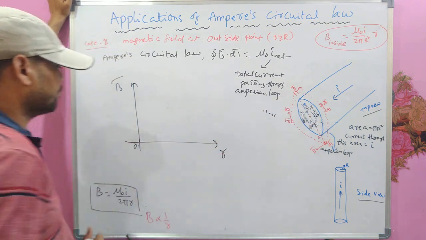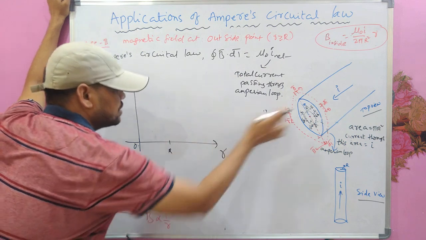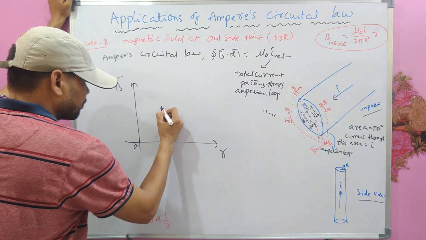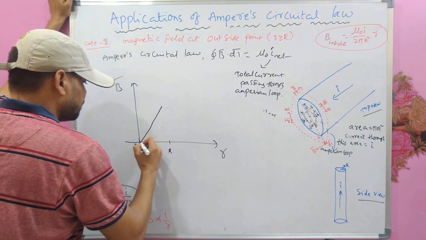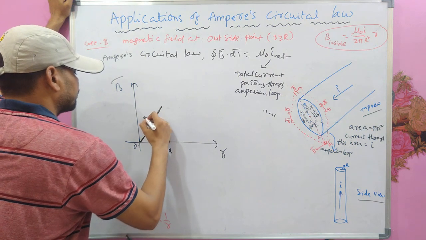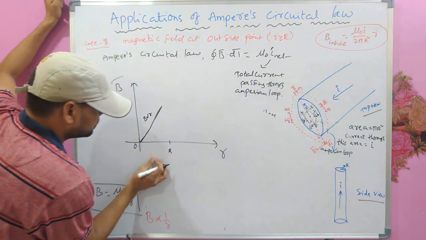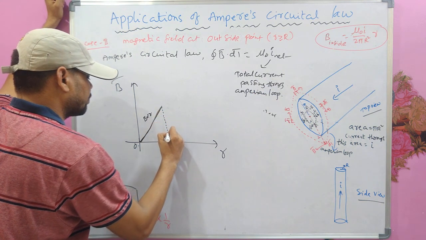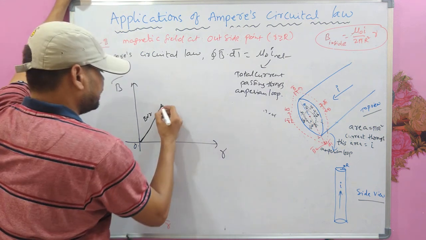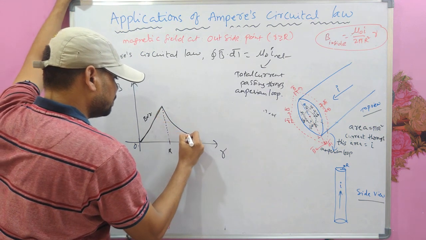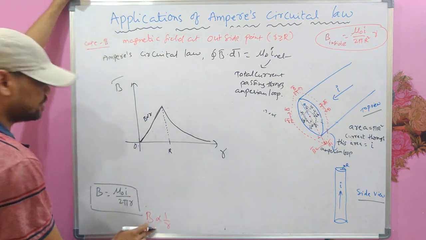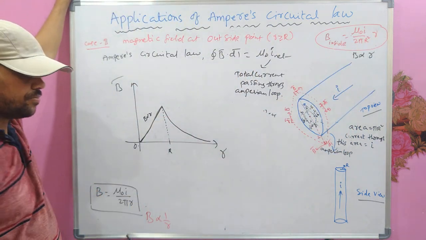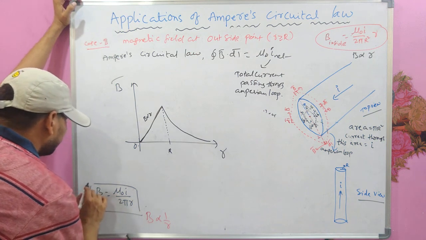And if this is the radius of this wire, up to this, B is proportional to r, inside, up to R. And outside point, B is proportional to 1 by r. This is B proportional to r, B inside. So this is outside.